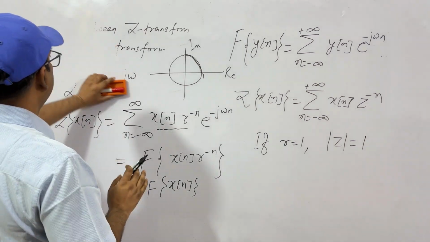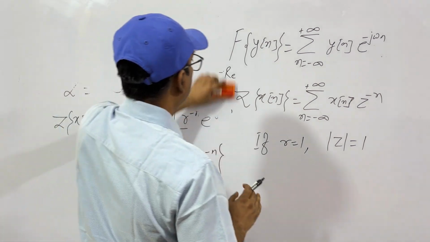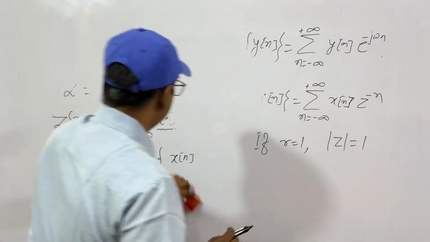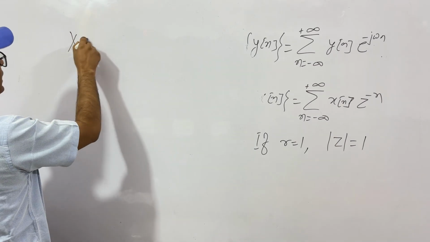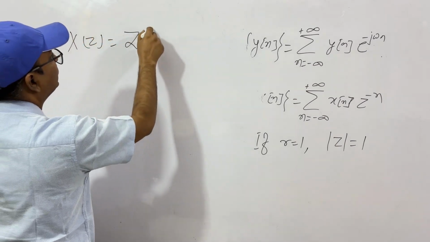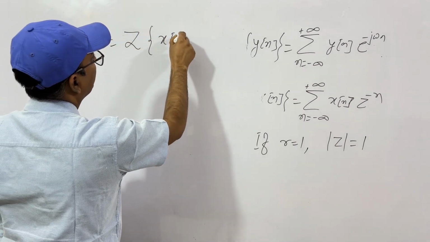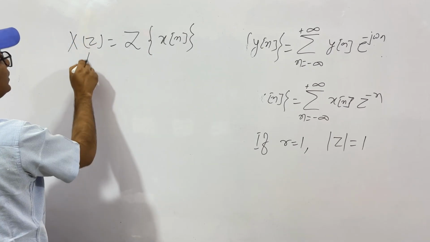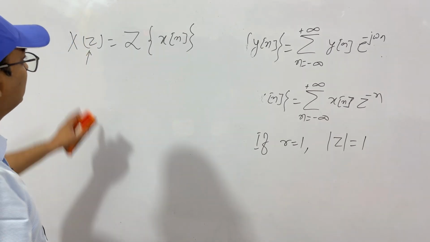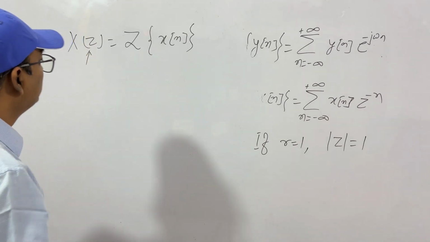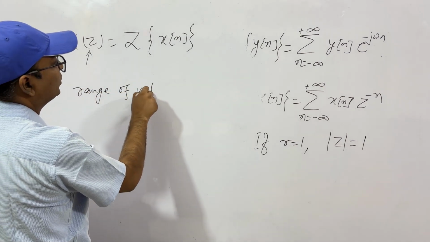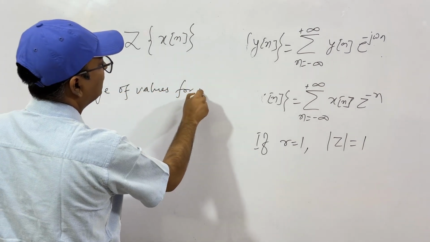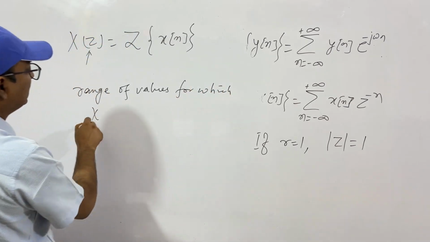Okay, next let's move to region of convergence. What is region of convergence? When you take X(z), which is the z transform of x[n], you have a function of z, so there will be a range of values for which X(z) converges.